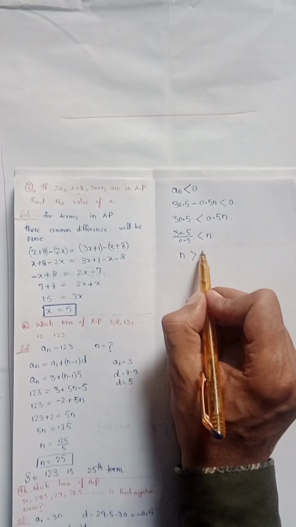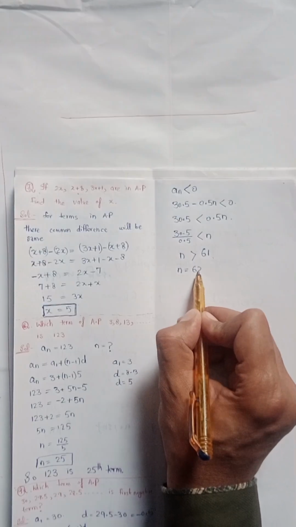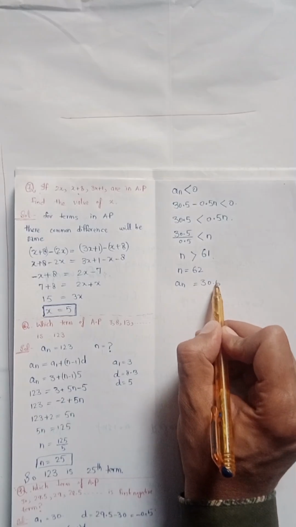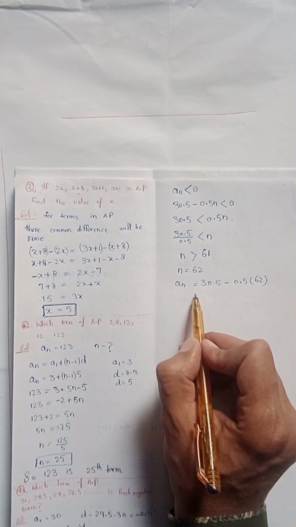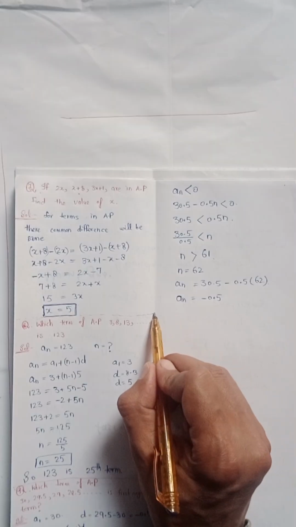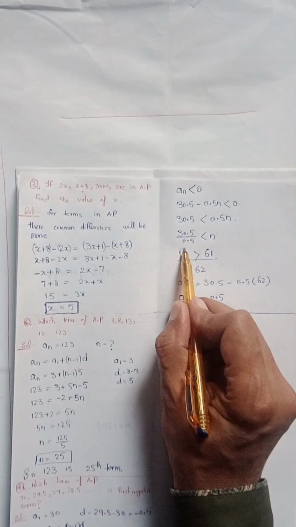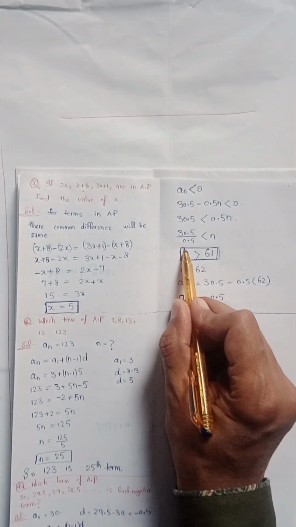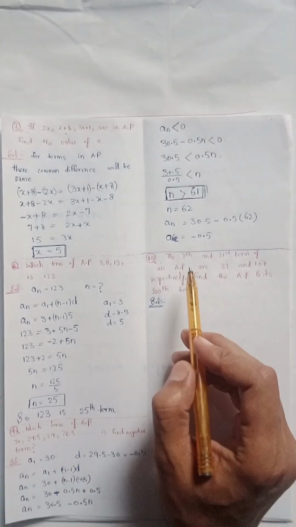Mean if n equals 65, that term will be negative. 30.5 minus 0.5 into 62, an equals minus 0.5. It means n should be greater than 61. To be the first negative, the 62nd term will be negative.